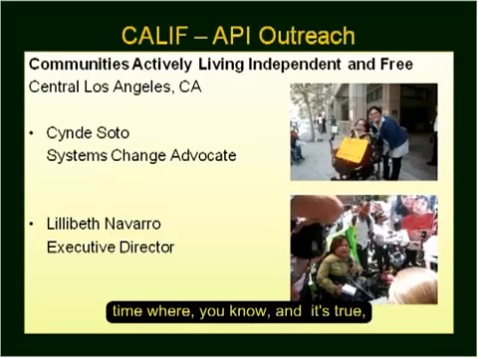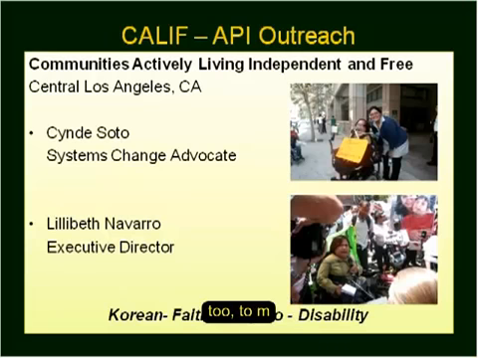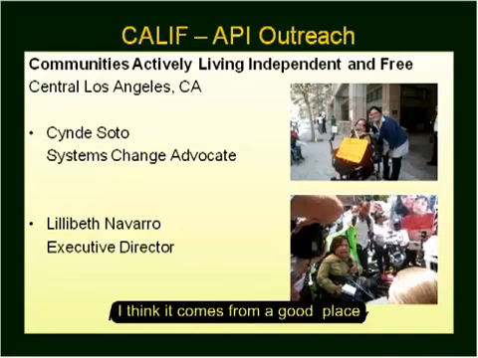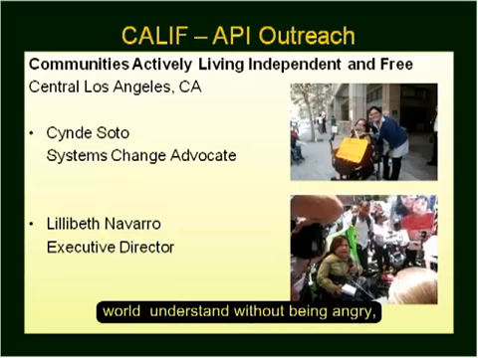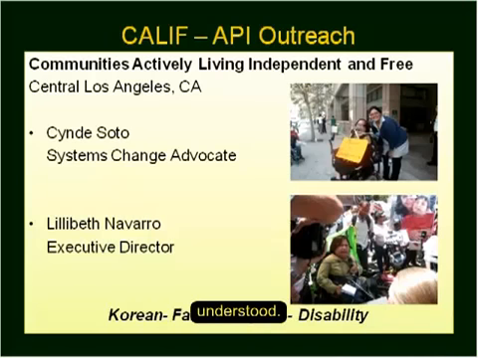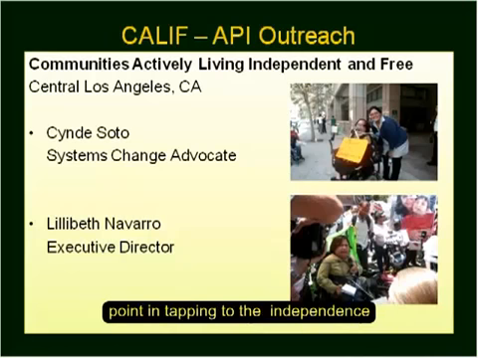I see this in restaurants all the time, and it's true too of many Asian cultures, and so I think it comes from a good place of the heart, but we have a disability culture that we need to make the world understand, without being angry, without being arrogant, but just understood.